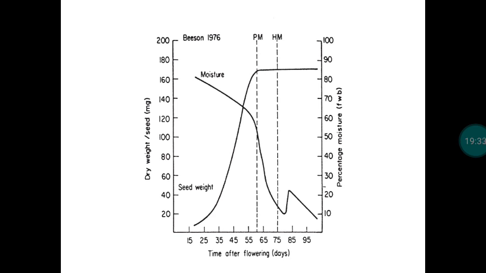Physiological maturity means optimum accumulation of food reserves has taken place. Beyond that, there won't be any bioconnection between the mother plant and the seeds, and the photosynthates produced by the mother plant are not able to transfer into the seed system.